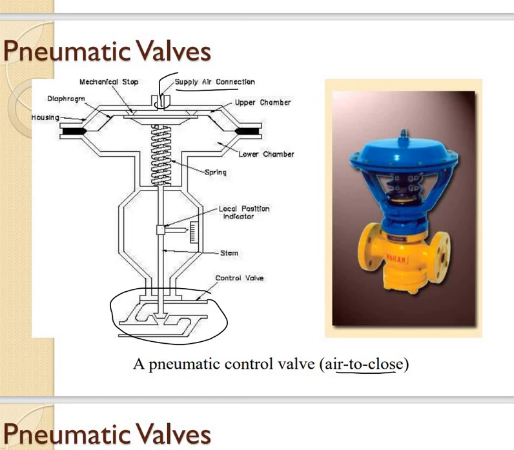This valve will be open, right? So we can call it fail open. Fail means if there is no power supply, or a sudden emergency shutdown, or plant upset, this valve will be open. So we call it fail open.